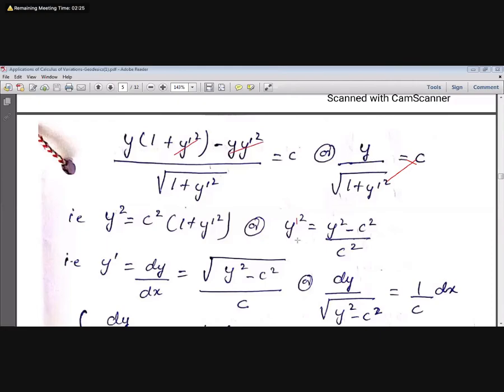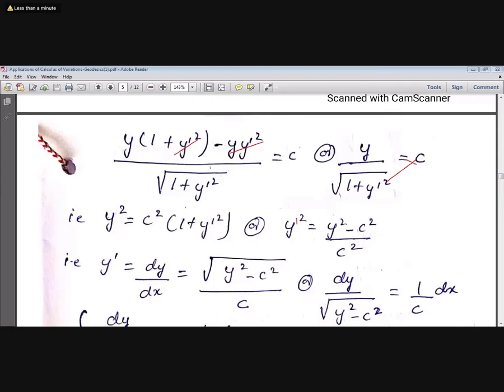Keep only y dash square on one side, all other terms on another side. c square plus c square y dash square. Transpose that c square to this side. Then y dash square will be y square minus c square by c square. Now y dash is nothing but dy by dx. So that is equal to root of y square minus c square by c.